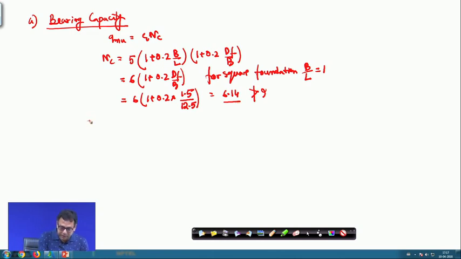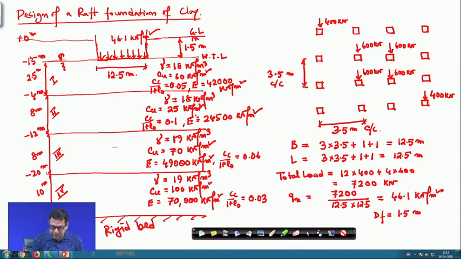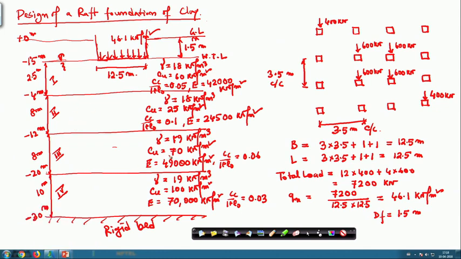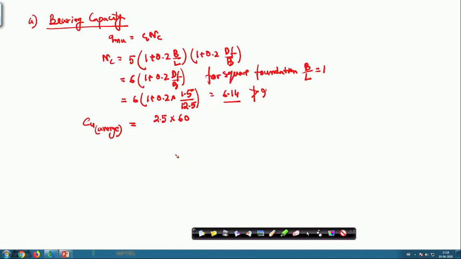So I am taking Cu average. For the first layer, 2.5 meter is the influence zone and Cu value is 60. For the second layer, Cu is 25 and the influence zone is 8 meter. For the third layer, the influence zone is 2 meter and Cu value is 70.